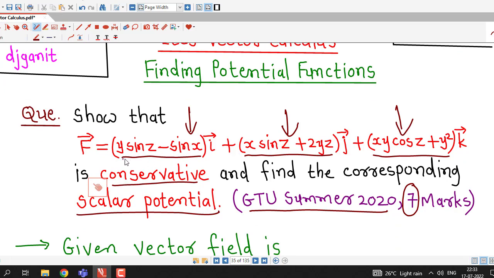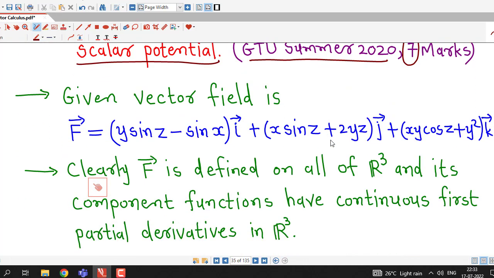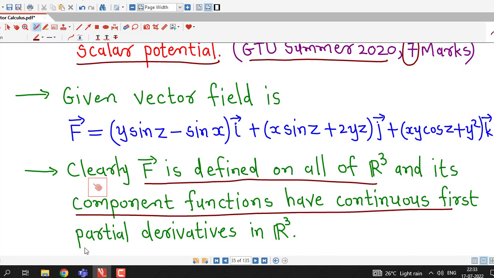If you observe, these component functions are defined at all points in R3 because they are trigonometric and polynomial functions, and their first order partial derivatives are also obviously continuous. So we have written here that F bar is defined on all of R3 and its component functions have continuous first partial derivatives in R3.